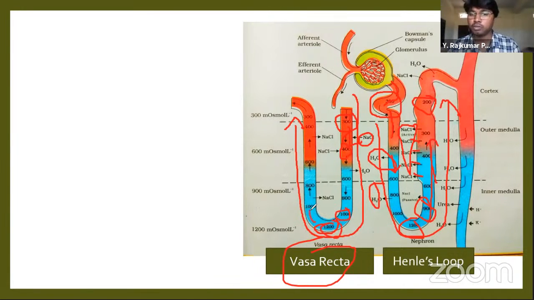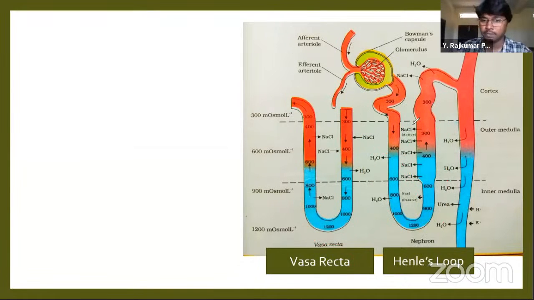Okay, as it is moving upwards, what is happening? It is added with the H2O. Water is added to it. Okay, whatever the water removed by the descending loop of Henle, these water molecules are getting added. Let me explain you again. The NaCl which is removed by the ascending loop of Henle is added to the blood vessel. That's why concentration is getting increased to the 1200 osmolarity.